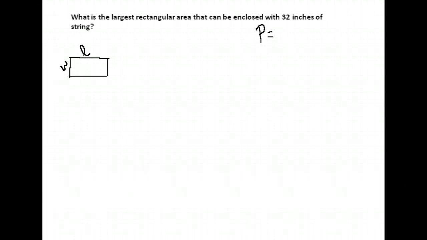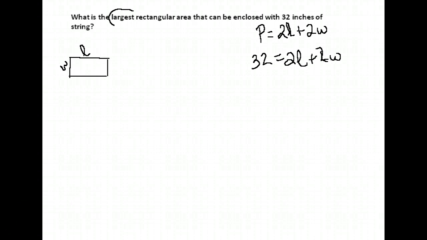Rectangles have length and width, and their perimeter is 2 lengths plus 2 widths, so 2L plus 2W, correct? We also know that the perimeter needs to be 32, because that's how many inches of string we want to have.